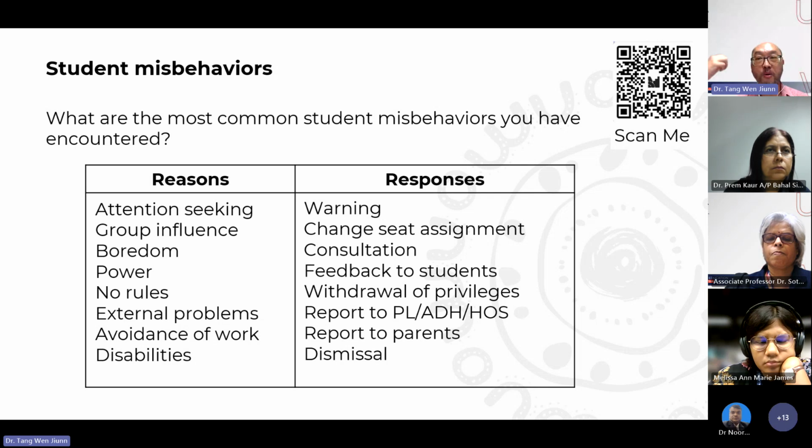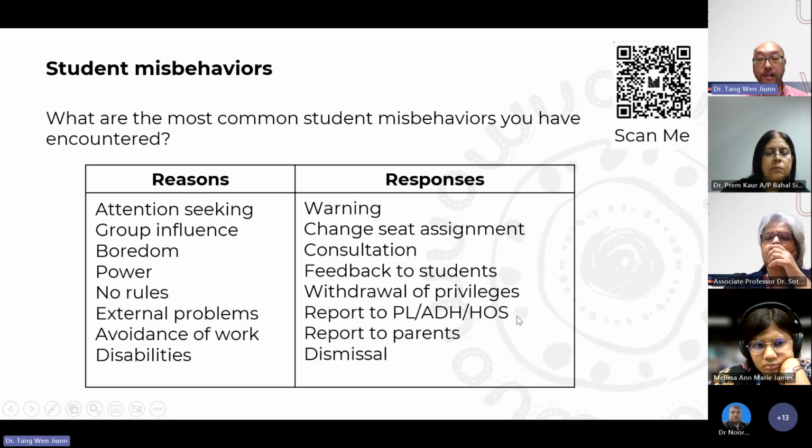The moment they don't wear shoes, we say, okay, you cannot enter until you wear shoes. So they have to find shoes, and once they have shoes, only then can they enter. So next time they won't repeat the same thing.